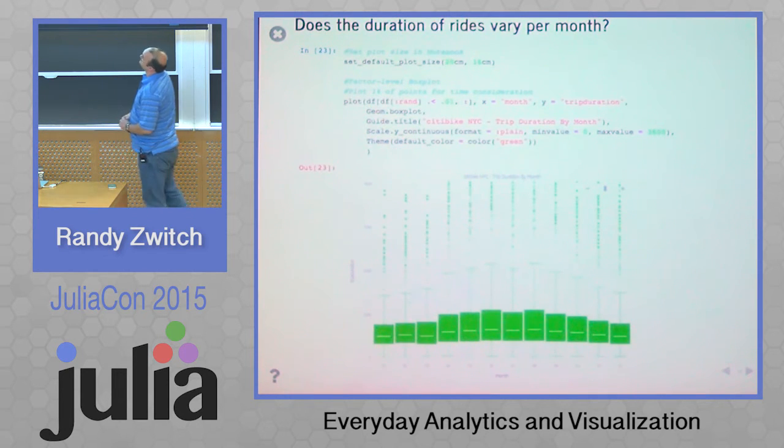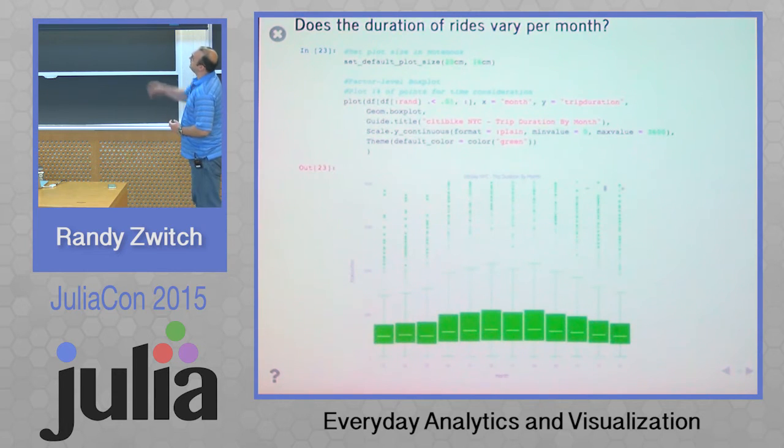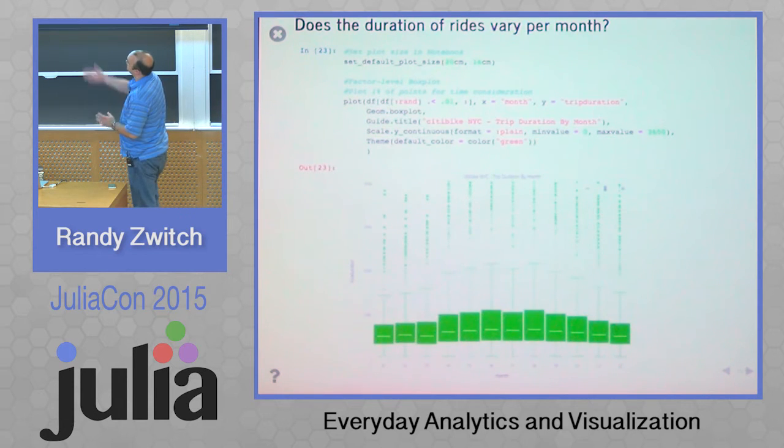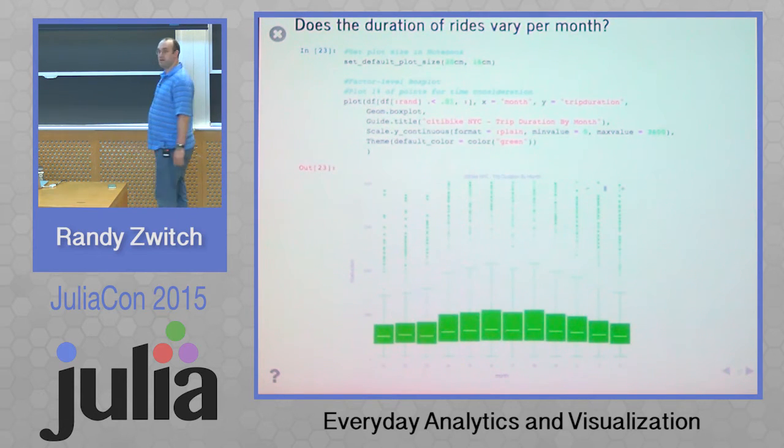It's in seconds, so it actually does make sense when you look at it. 3,600 seconds is an hour. So you can see that most bike rides are about 20 minutes.